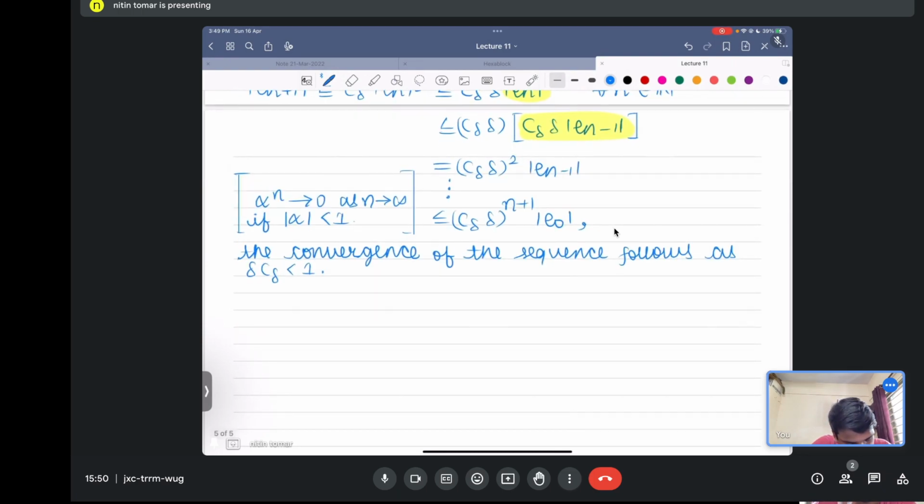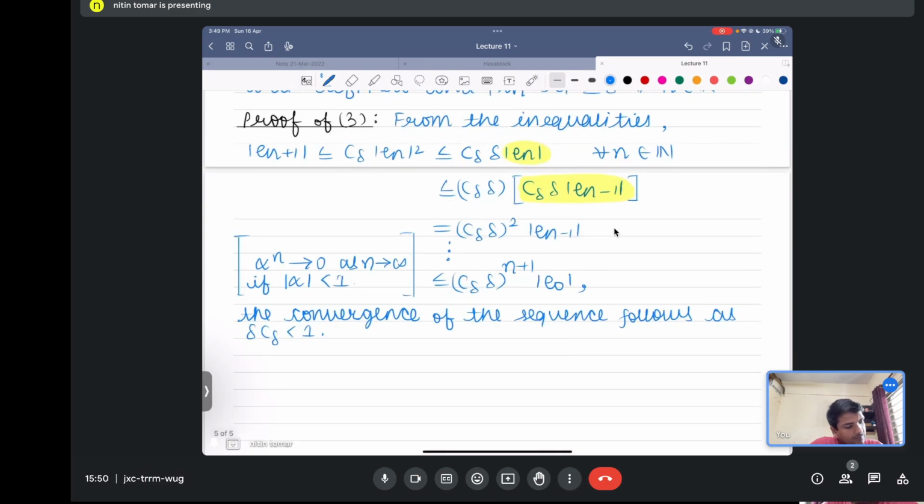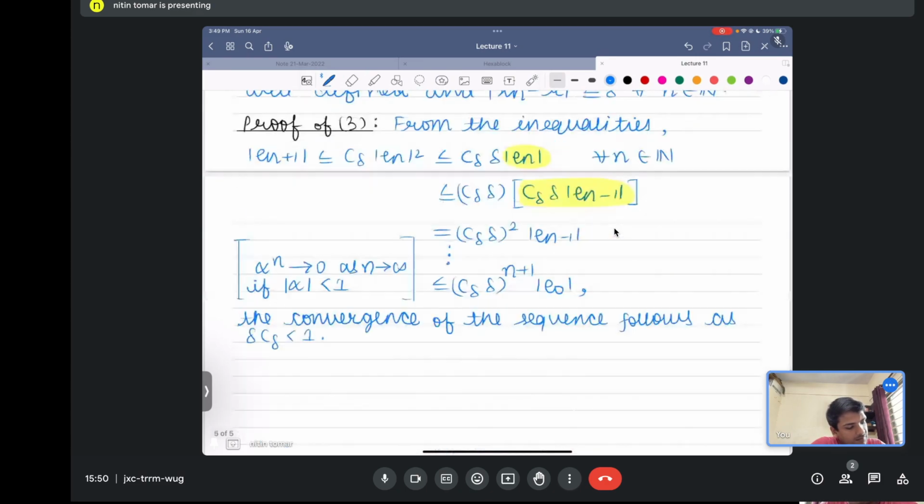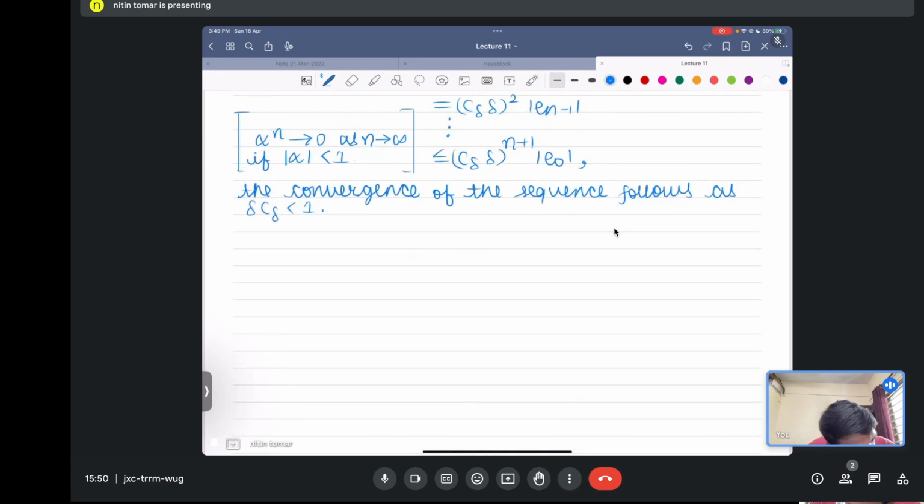So with this, what was E_{n+1} actually? So consequently, the limit of E_{n+1} is 0. But what was |E_{n+1}|?